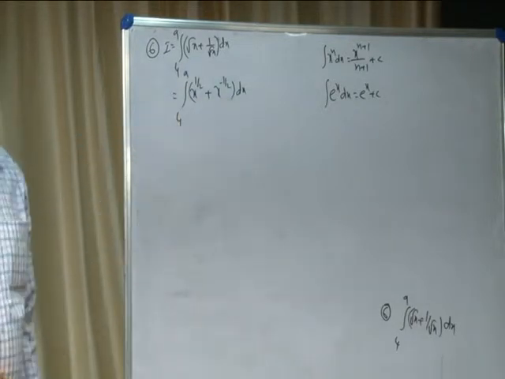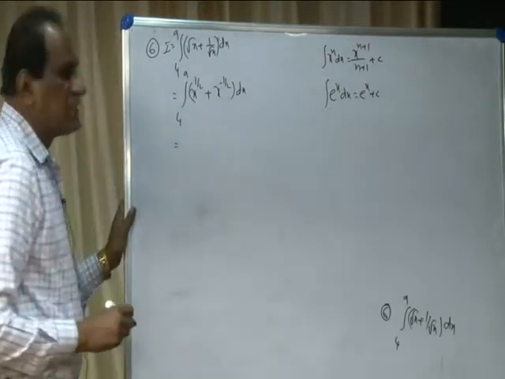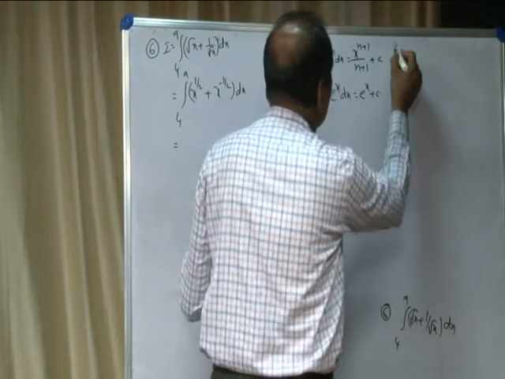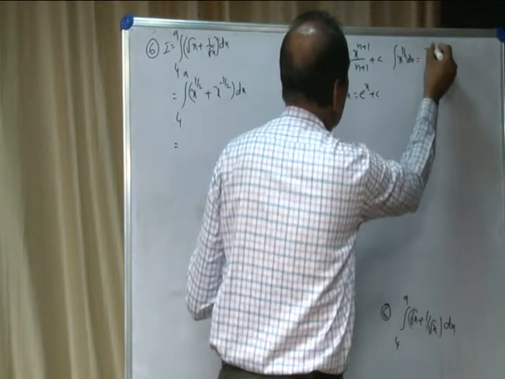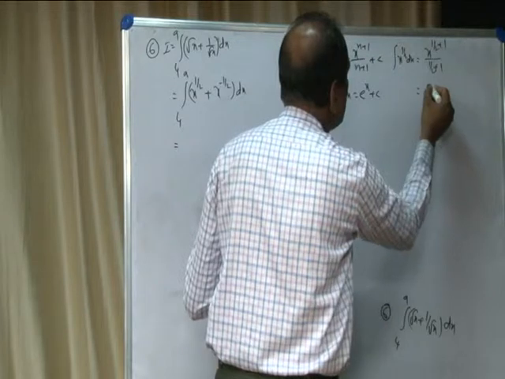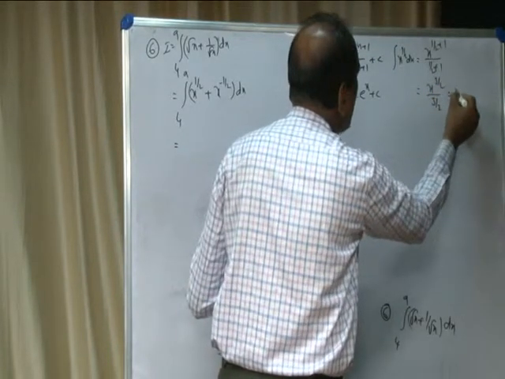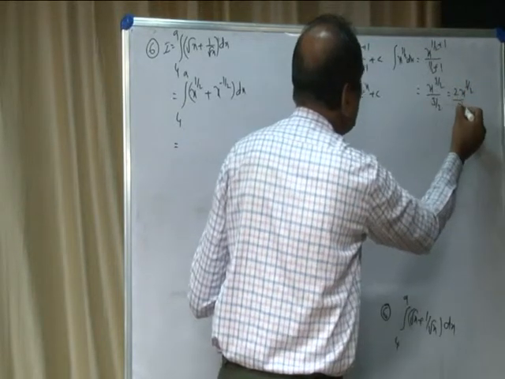Integrate both the terms and take the limits 4 to 9. See here, x power half integration using this formula: integral of x power half dx is x power half plus 1 by half plus 1, that is x power 3 by 2 by 3 by 2, or we can write 2 x power 3 by 2 by 3.